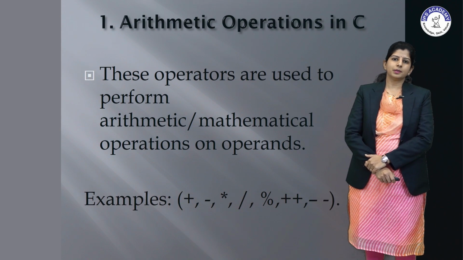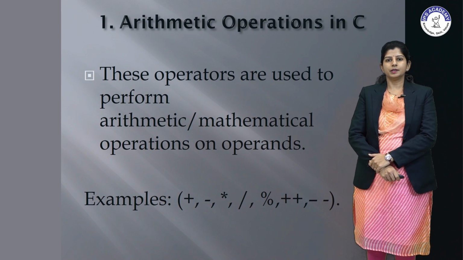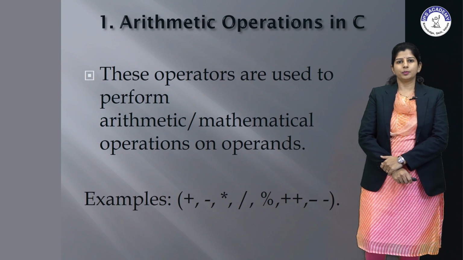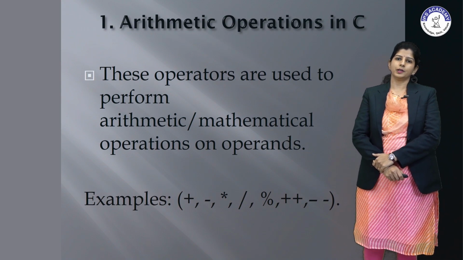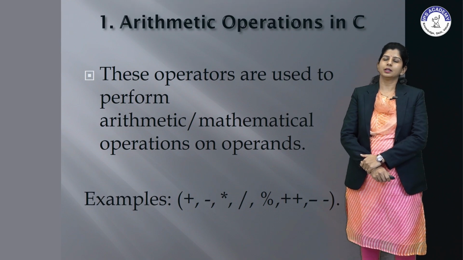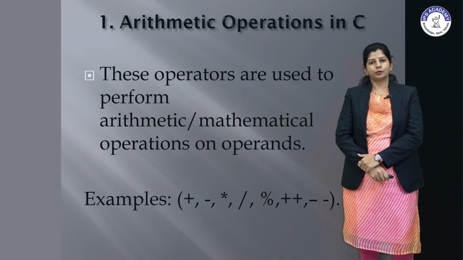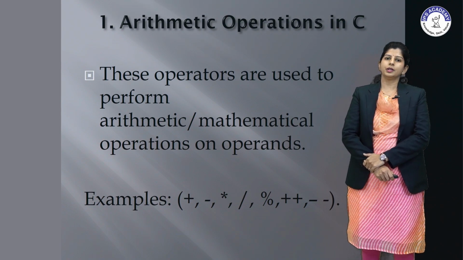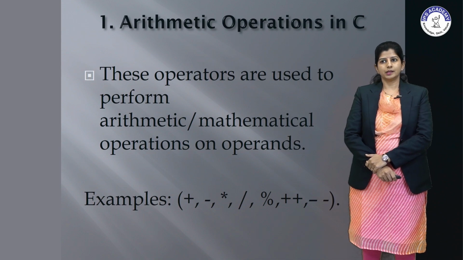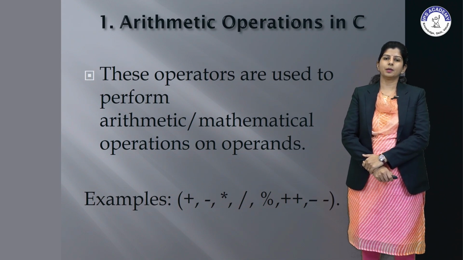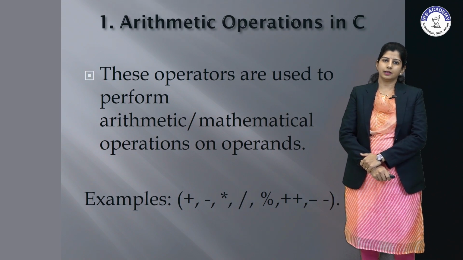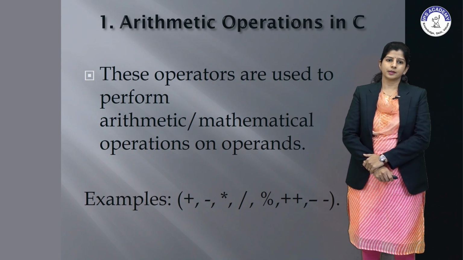It is not possible for us to add two digits directly, like 2 plus 2. It's not easy in C programming to directly write 2 plus 2, 2 minus 2, or 2 multiplied by 2. We have to declare the variables we need in the program, put different values in those variables, and then perform the arithmetic operation on them with the help of arithmetic operators.